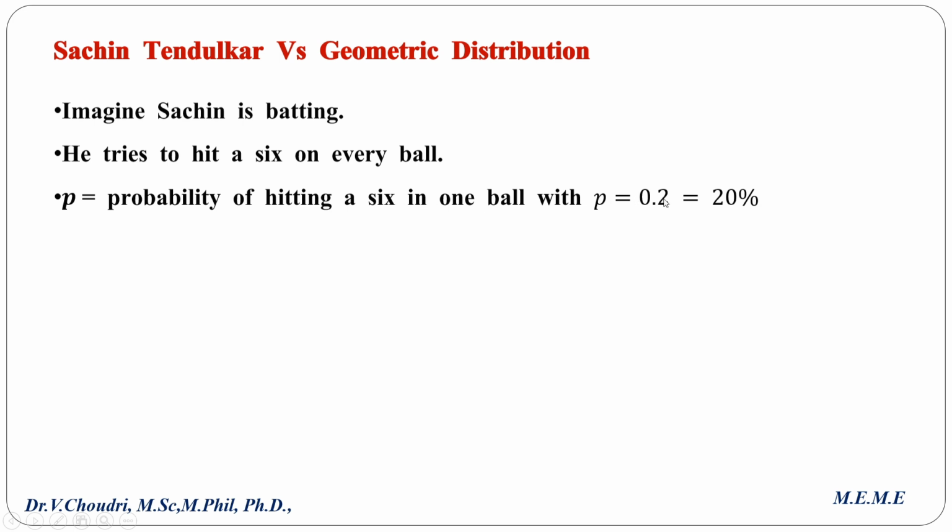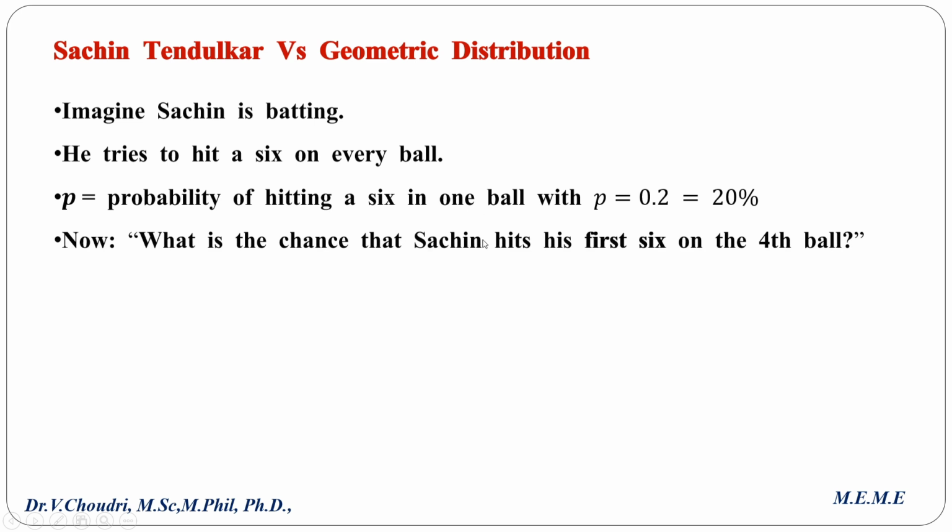That means out of 10 balls, he may hit 2 sixes. The remaining 8 balls may be failures. Failure means it may be a single, 2, 3, or a boundary or a dot, whatever it is. But we have to calculate only sixes. The probability is 2 out of 10 balls.